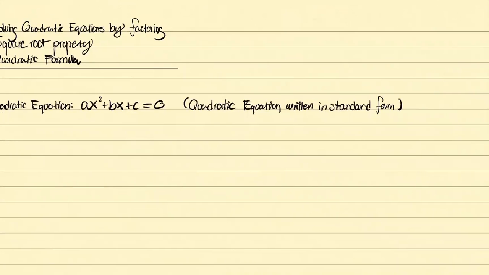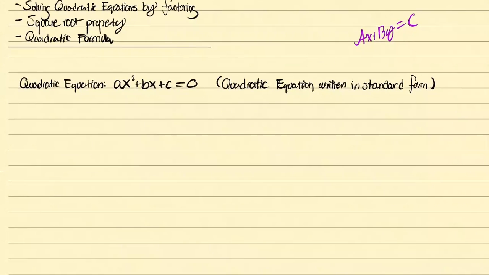So if you remember, just like when we had ax plus by equals c when we had linear equations, this is the quadratic equation equivalent. And the big difference between linear equations versus quadratic equations is that we now have the second power of x. So the process of solving it is much more complicated because now it's not just a matter of isolating x.